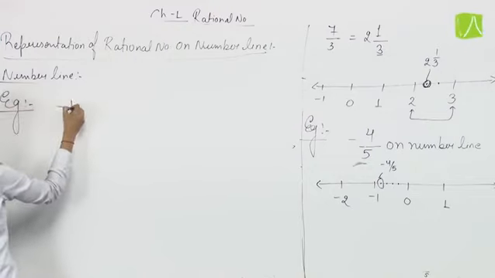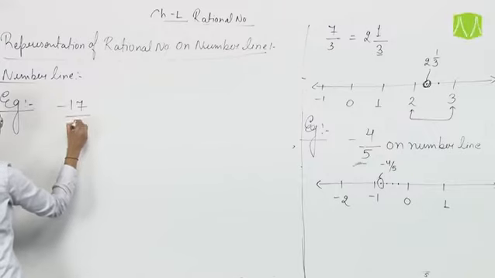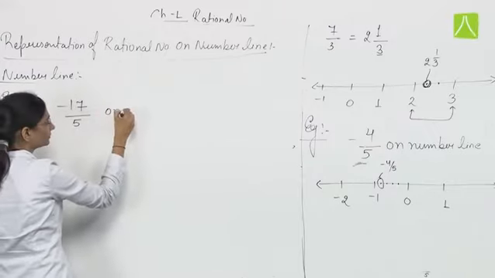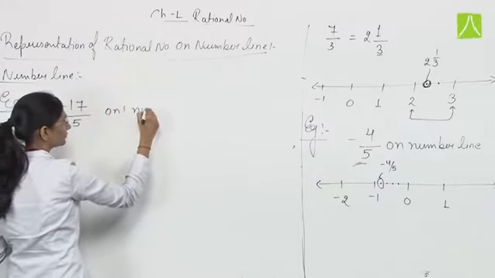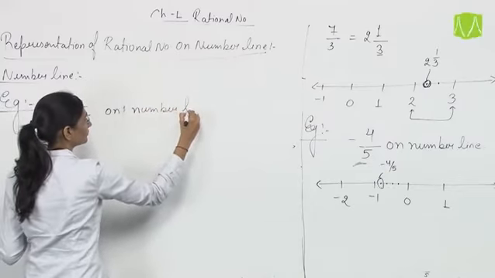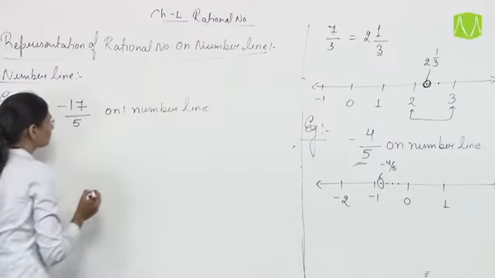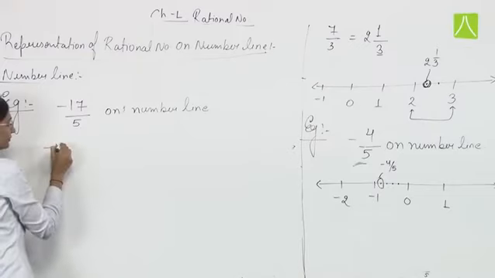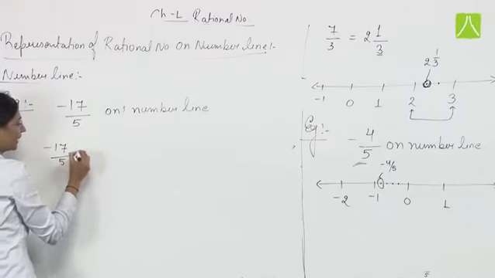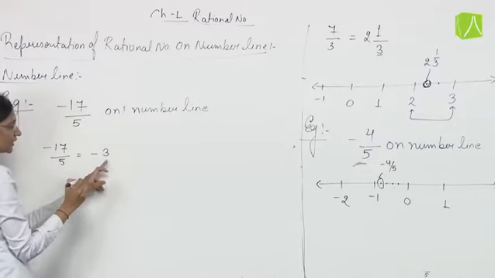Let's represent -17 upon 5 on the number line. -17 upon 5 can be simplified as -3. 5 3s are 15.